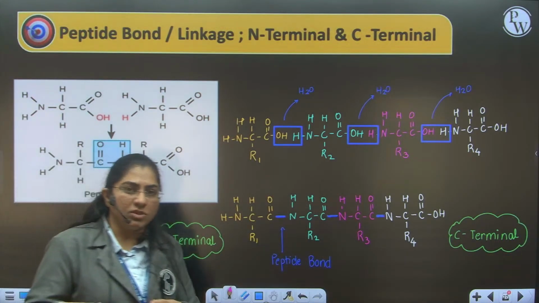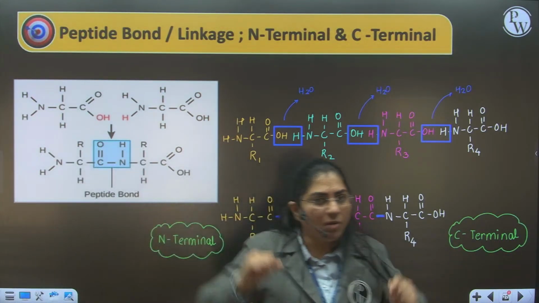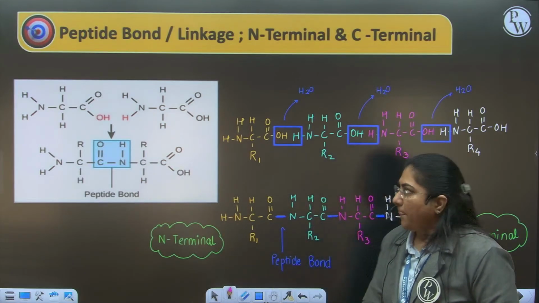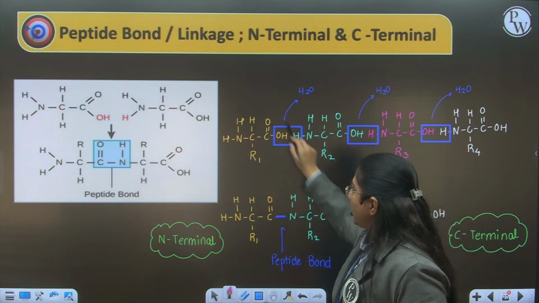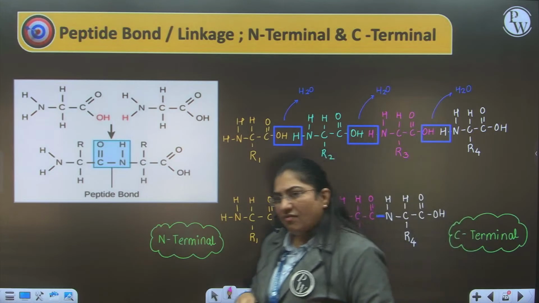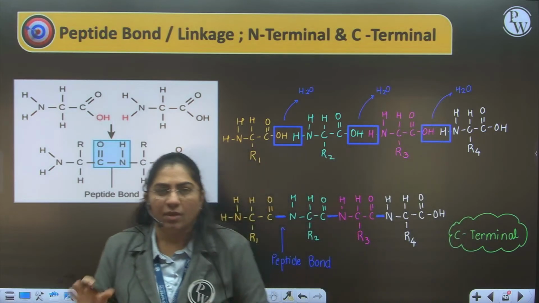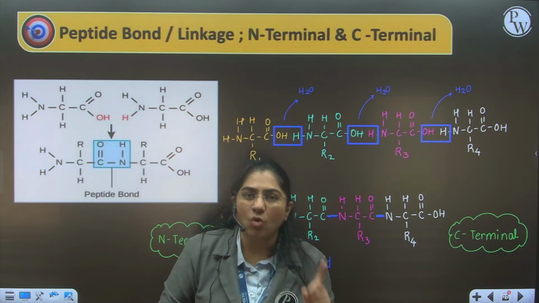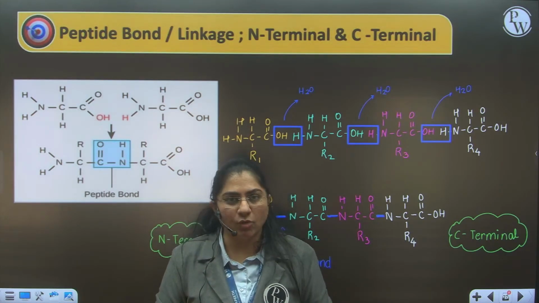They are monomers. They will join together to form a polymer. How will they join? Let us have a look at it. Now we have this as one amino acid, the second, the third, the fourth. Proteins are polymers of amino acids. Polymers can be a homopolymer or a heteropolymer.